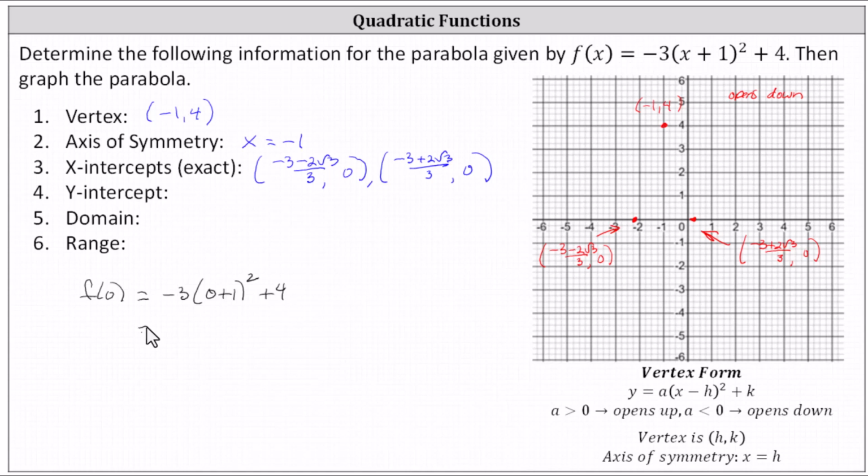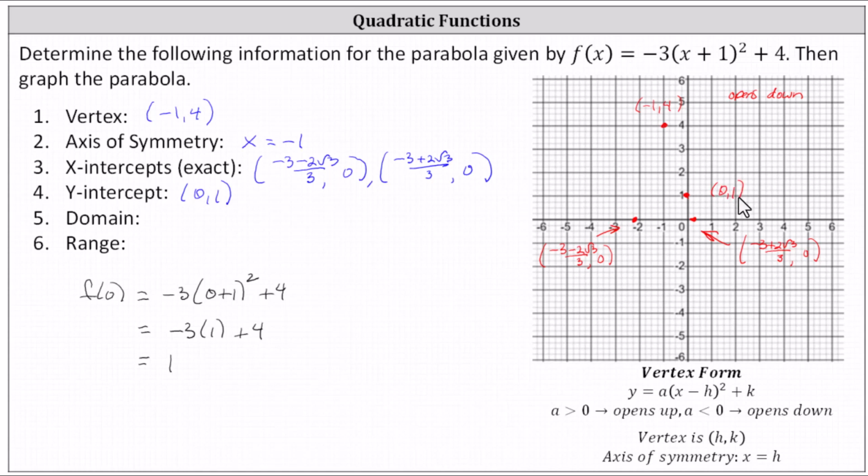Simplifying, we have negative 3 times the square of 1, which is just 1, plus 4. And negative 3 plus 4 is positive 1. The y-intercept is the point 0, 1. Let's also plot this on the coordinate plane.